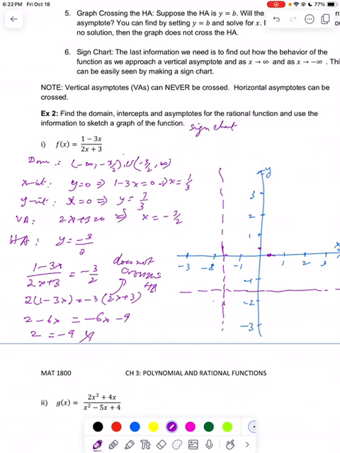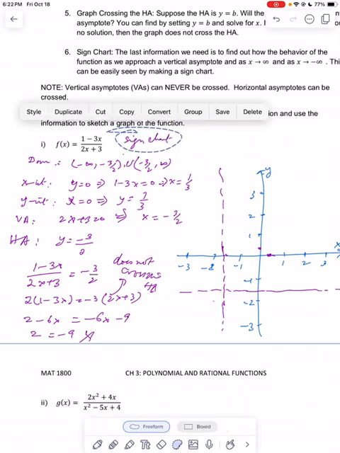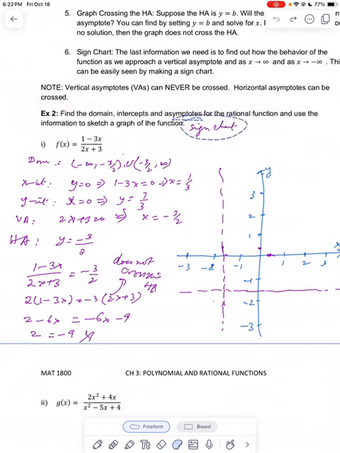Okay, so what are the numbers that go on the number line? Let me use a different color so that you don't get confused. We are doing the sign chart here.